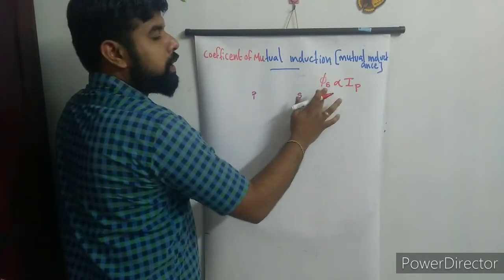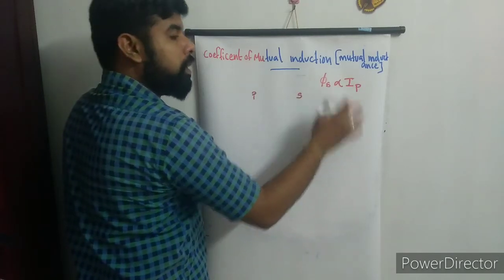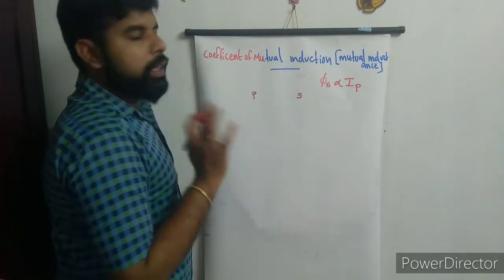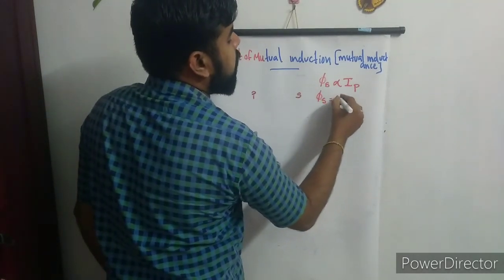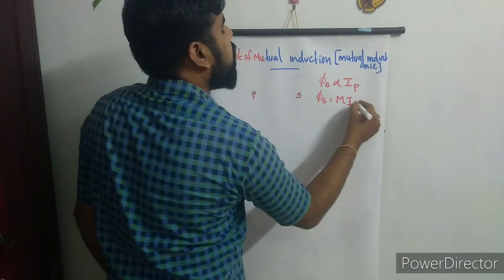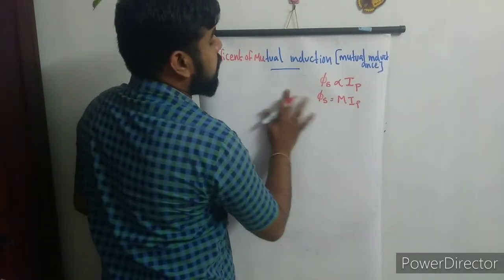If the primary current increases, the secondary flux increases; if the primary current decreases, the secondary flux decreases. Okay. So removing this proportionality, we take a constant, that is M. M is the coefficient of mutual inductance. So how will you define this M?